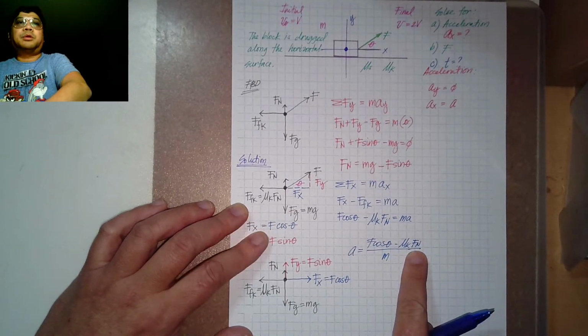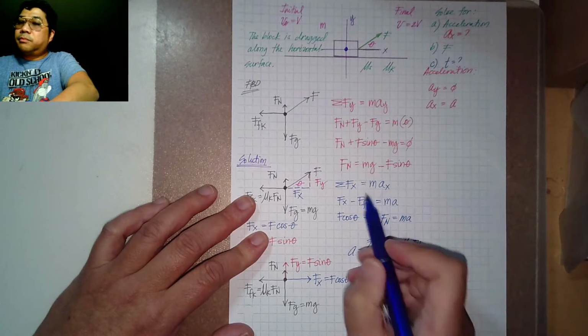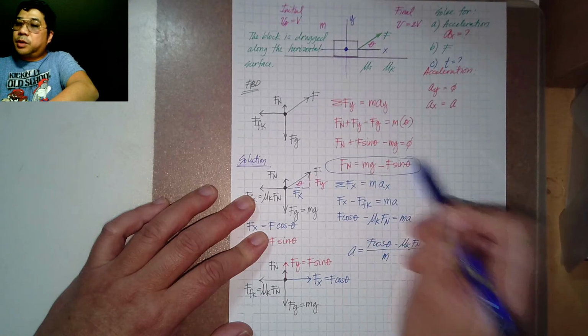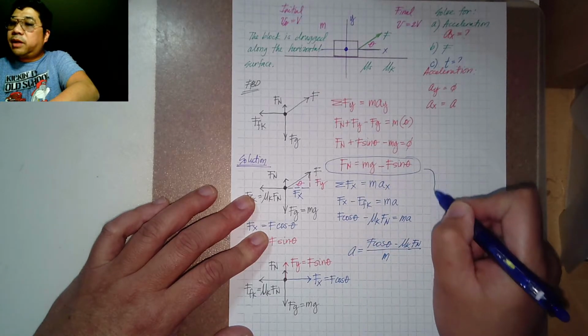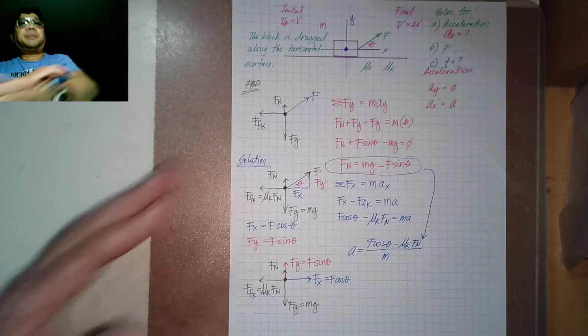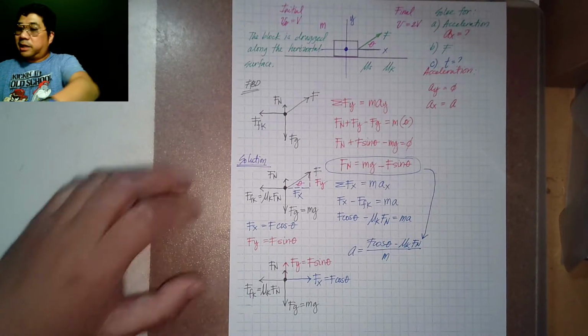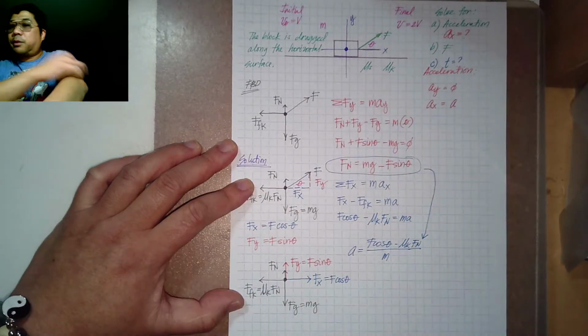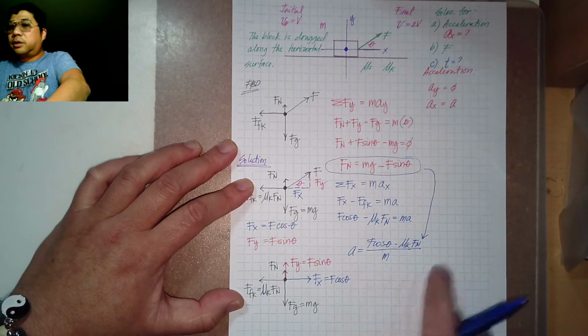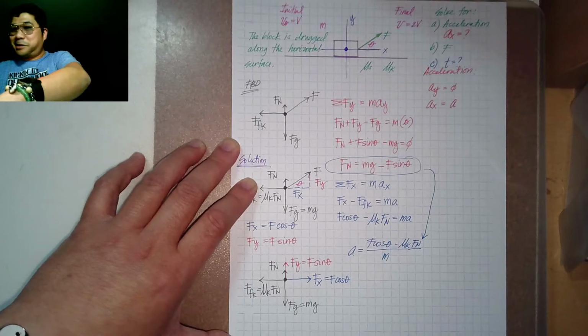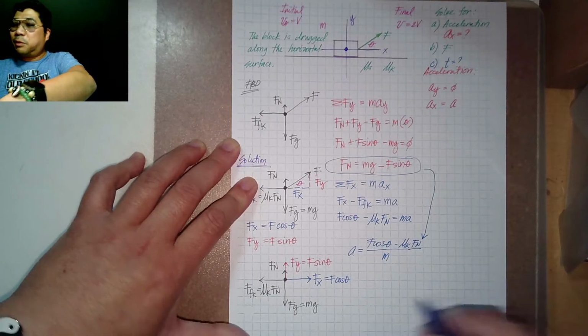But we all know that normal force is right here. So what I'm going to do is plug in the value of normal force right here. We might need some extra paper later for the next part of the question, but that's fine as long as we come up with an organized solution so you could all understand what we're doing.